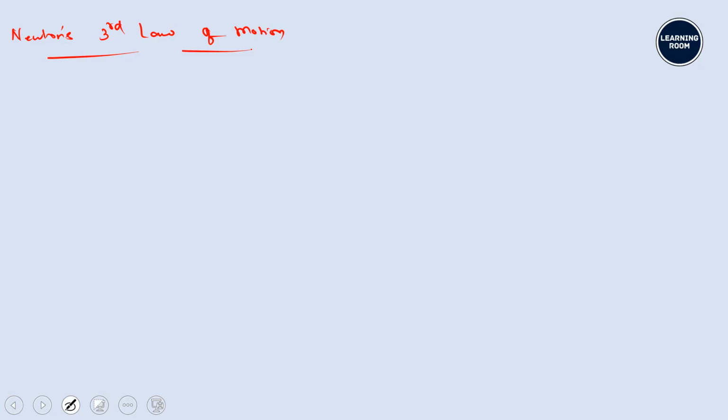So every action has an equal and opposite reaction is the statement of Newton's third law of motion. Is this point clear?